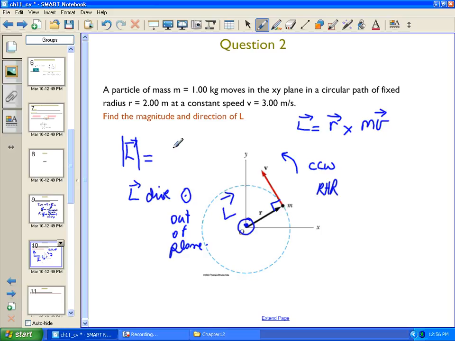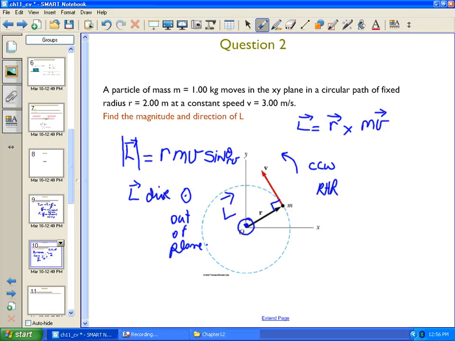And the magnitude is going to be the magnitude of r times the magnitude of mv times the sine of the angle between r and v. What is that angle? 90 degrees.